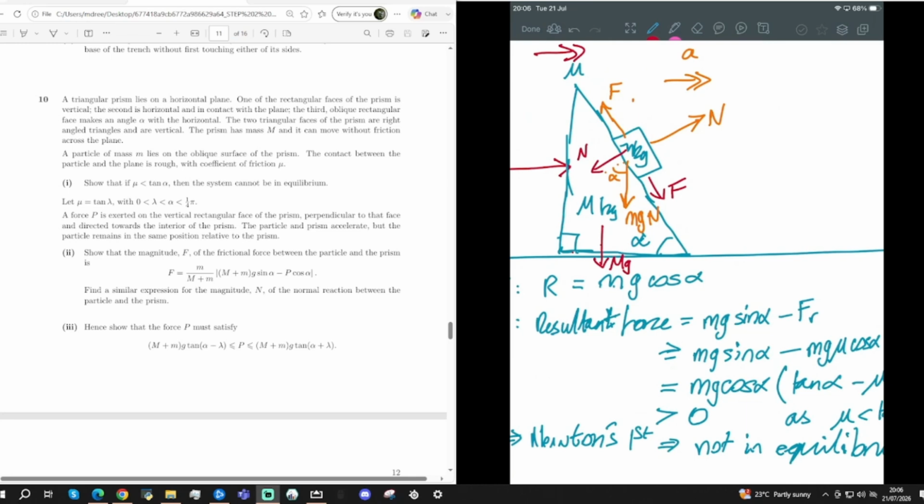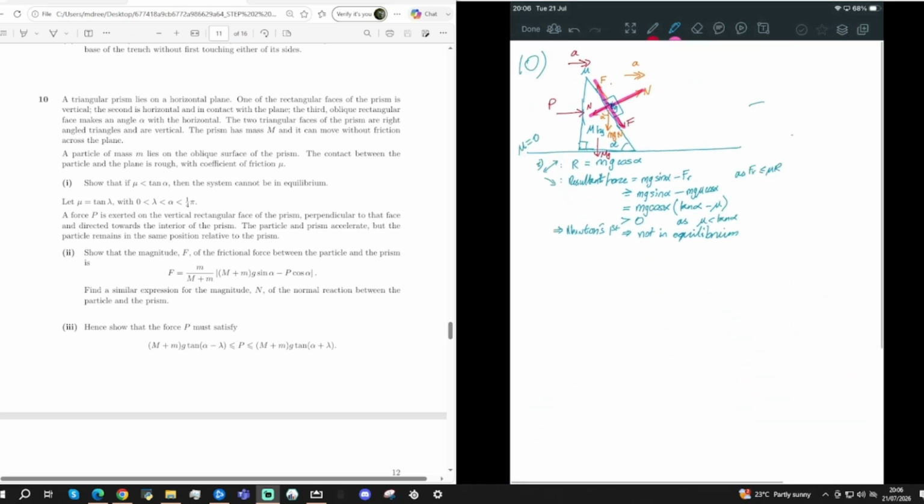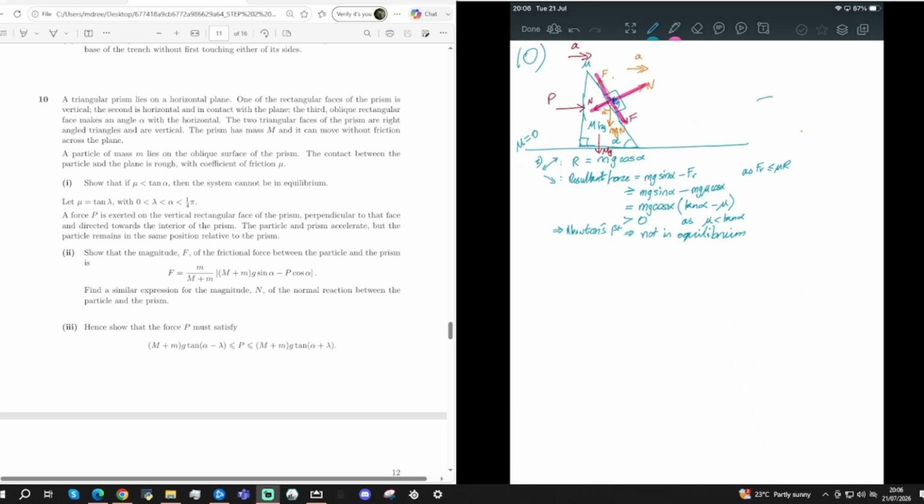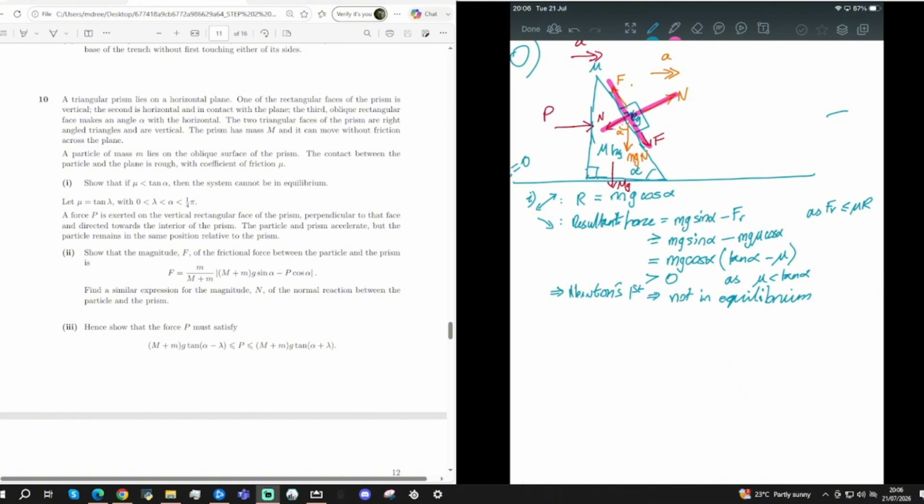Now this makes the situation quite awkward with all of these paired forces, which normally get called internal forces, but that means we can ignore them if we look at the entire object as one single object, with the particle and prism combined together. In that case, both of those F's will cancel each other out, and both of the N's will cancel each other out. So let's do so.